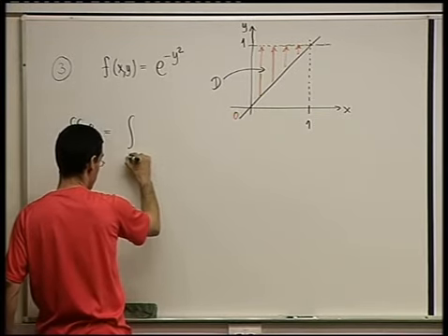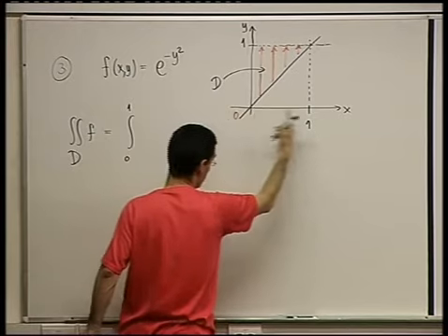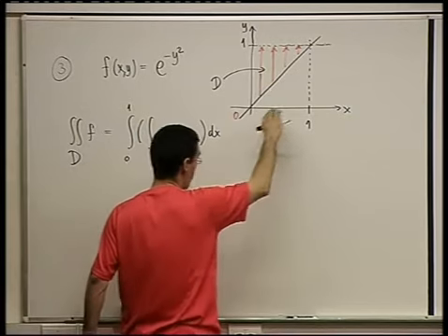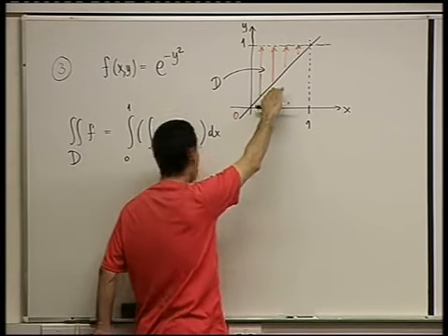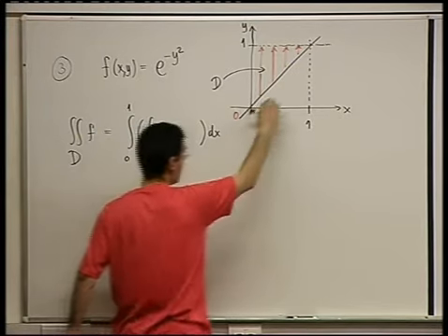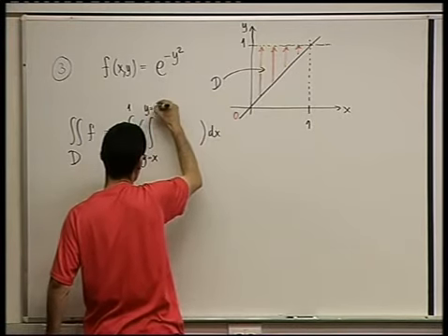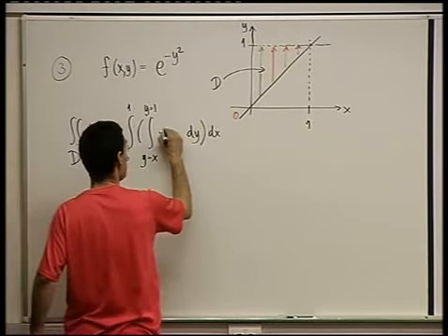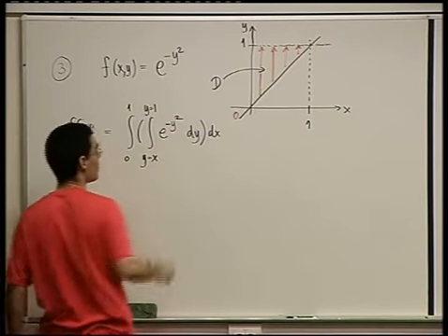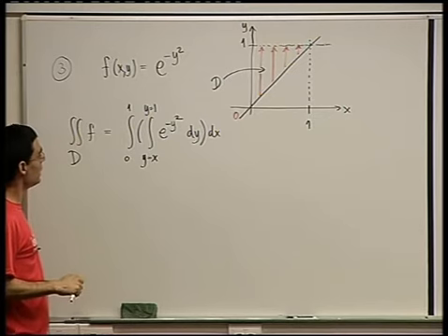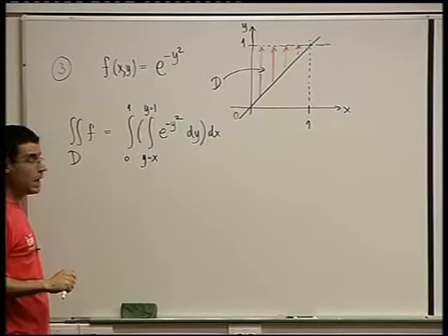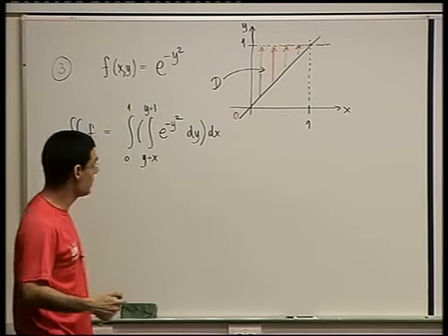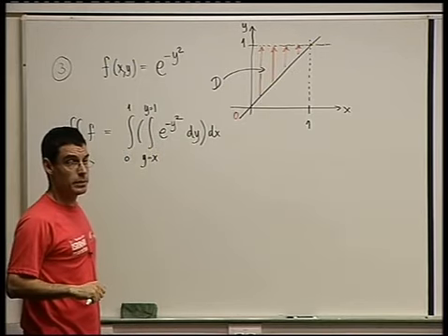So I'm going to write the integral from 0 to 1, dx, of the integral from y equals x up to y equals 1, dy, of the function e to the power minus y squared. Does everybody agree? And from here on, it's just Calc 1 stuff, right? It's calculating single variable integrals one by one. Do you agree?